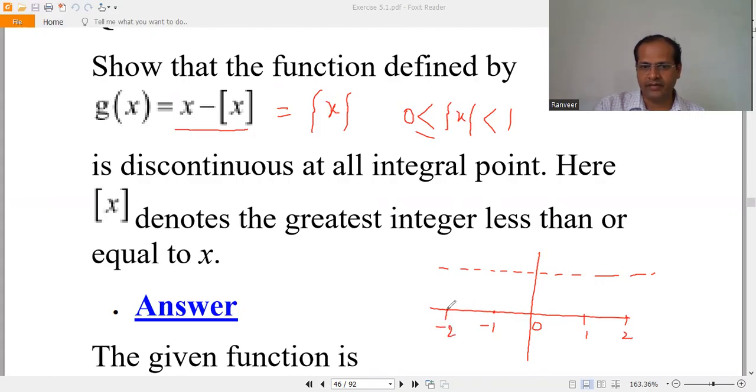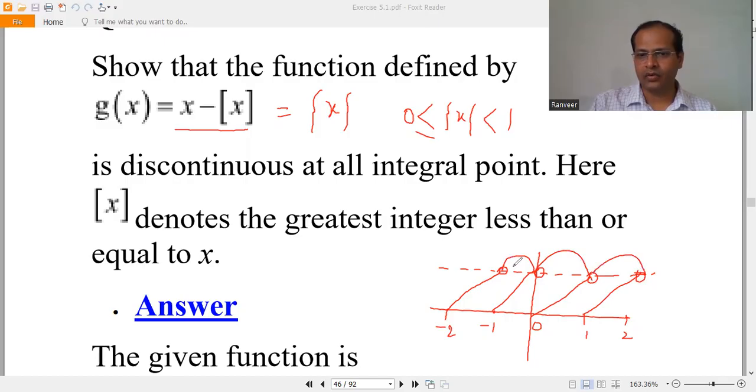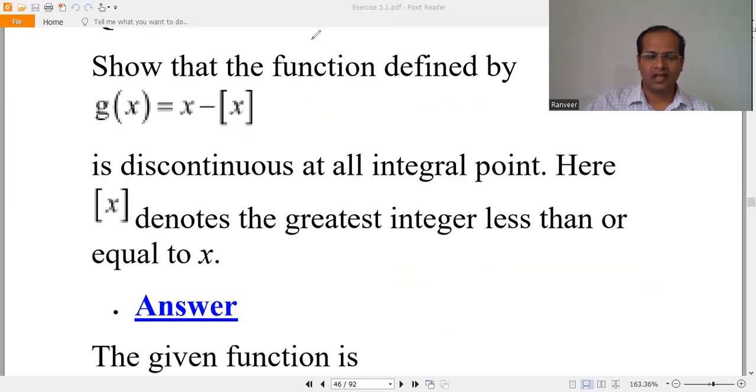So the graph is coming like this. In this case you can check, all these points are not included, so at all integer points this is discontinuous. From the graphical way we can prove like this.